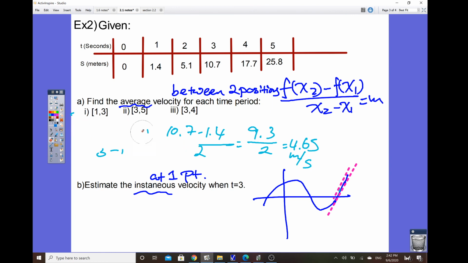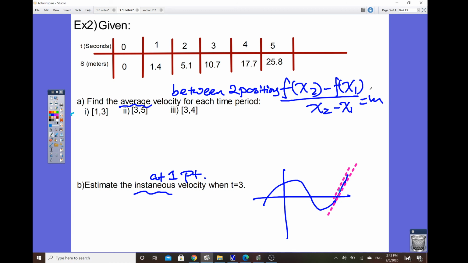Okay, so now let's find the one from 3 to 4. This one is pretty much the same process. So f of 4 minus f of 3 over 1, because the time difference from 3 to 4 is 1. So f of 4, the distance, is 17.7, and f of 3 is 10.7.